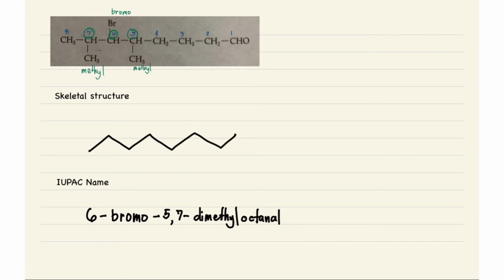Let's check if we have 8: 1, 2, 3, 4, 5, 6, 7, and 8. Since in our structure the functional group is at number 1, when we place it here, this is how it will look. There is an oxygen there with a double bond.